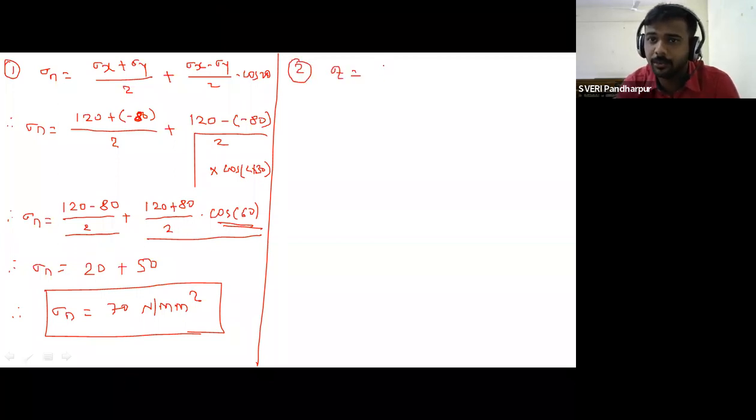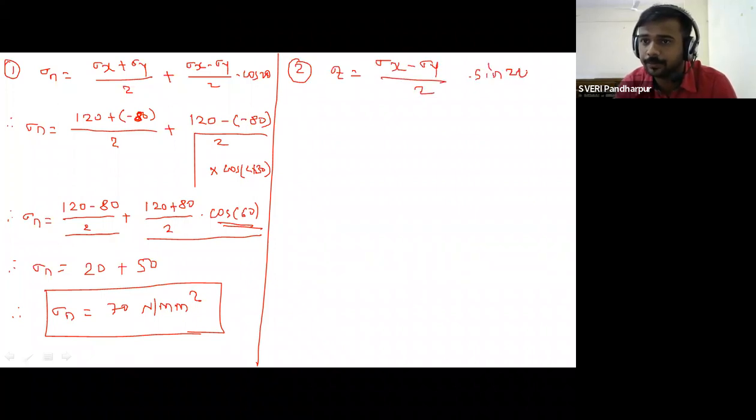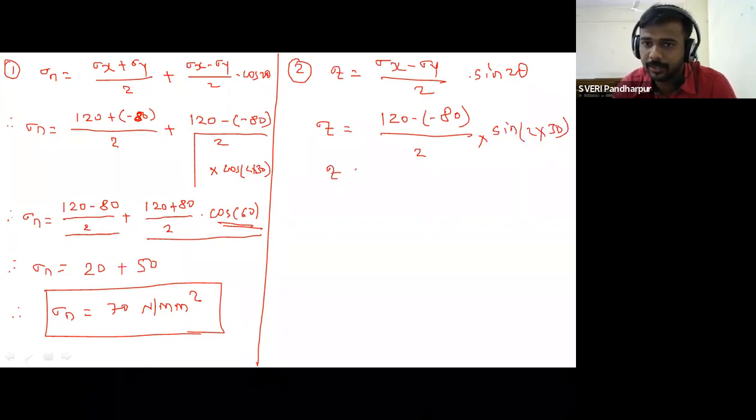So sigma t is equal to (sigma x minus sigma y) divided by 2 into sine 2 theta. So sigma t is equal to (120 minus (minus 80)) divided by 2 into sine 2 into 30. Once again, sigma t is equal to (120 plus 80) divided by 2 into sine 60.